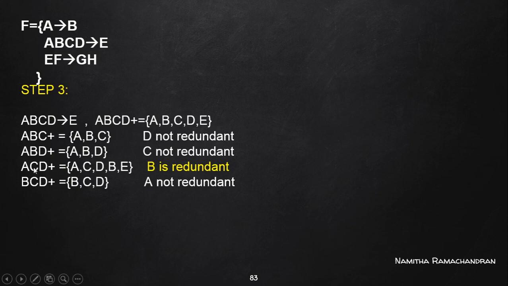That means the absence of B does not affect ABCD; it can do everything ABCD can without B. So it is clear that B is redundant here, because the ACD closure is equal to the ABCD closure.